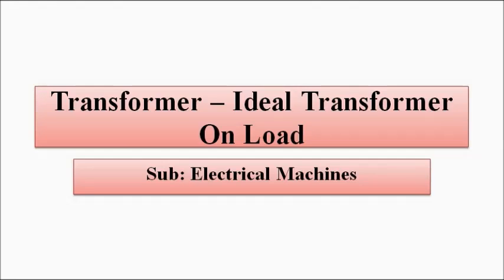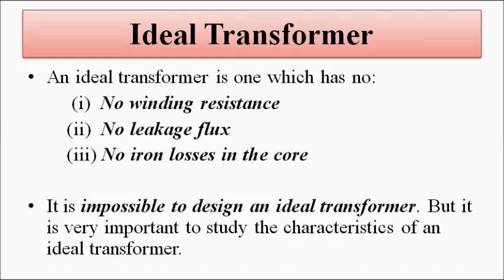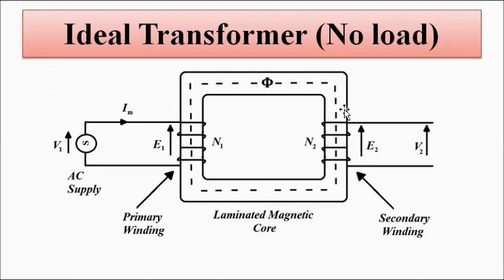So we have already discussed about the general concept of transformer. So ideal transformer. An ideal transformer is one which has no winding resistance. So this is an ideal transformer in no load condition.